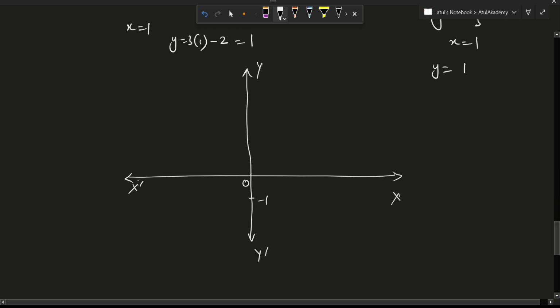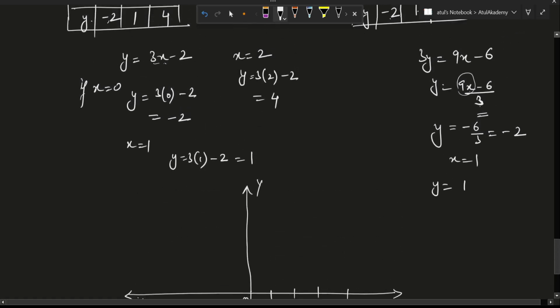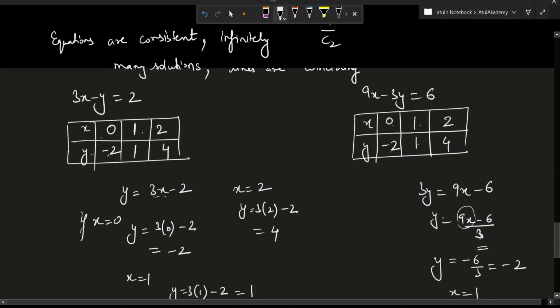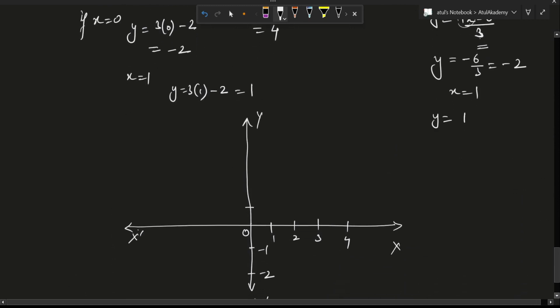This is going to minus 2, I think. Yeah. 1, 2, 3, 4. Let me check once more. 4 is in y, not in x. X is only going to 2.